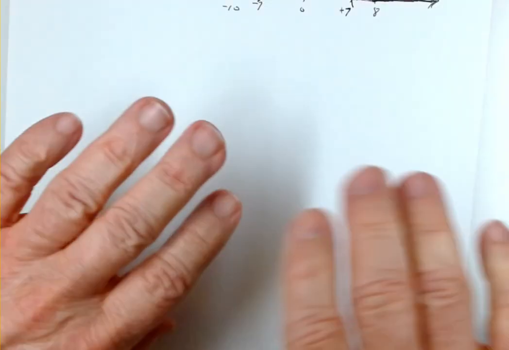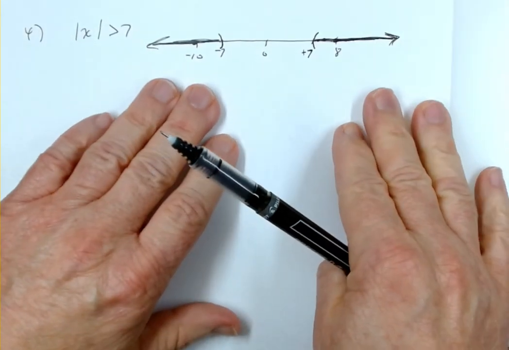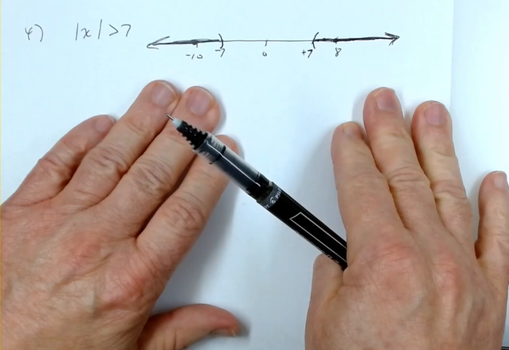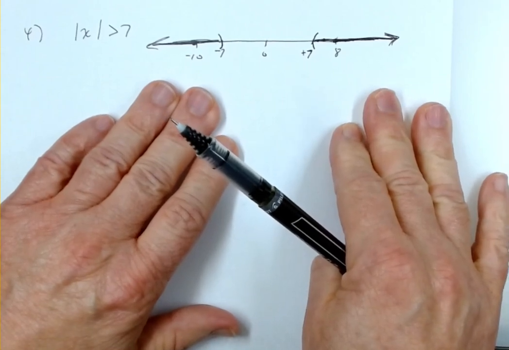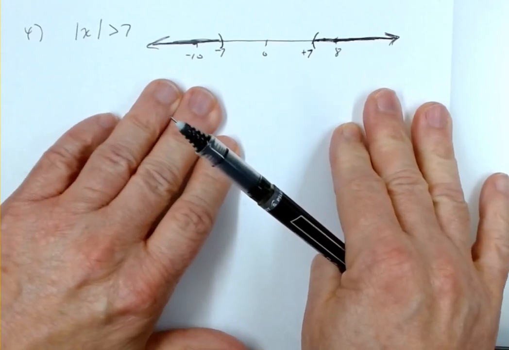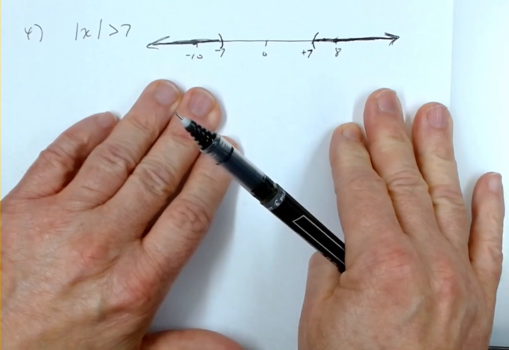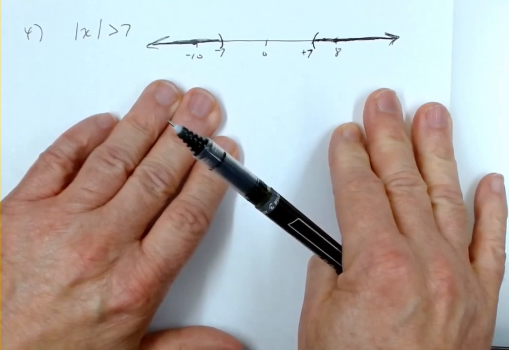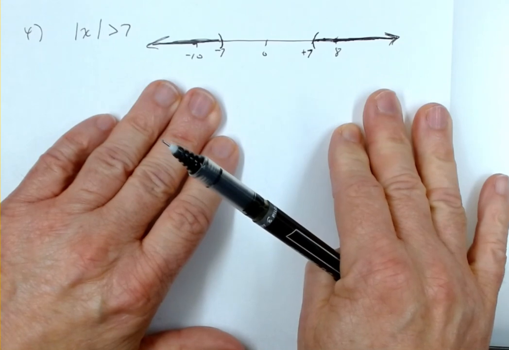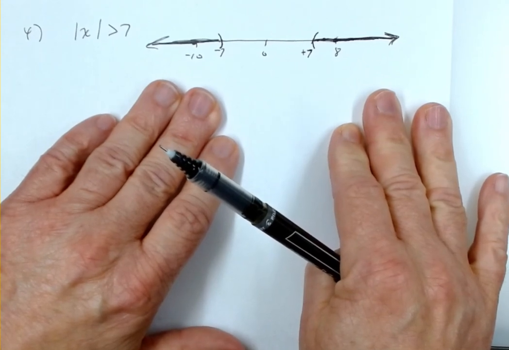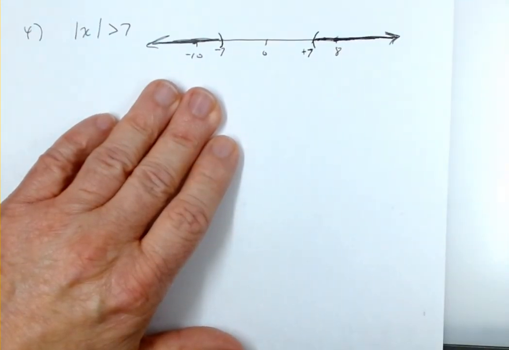So it's kind of like you have two distinct graphs of your solution set. So that's one of the differences between how a less than looks and a greater than. Let me do the inequality first, and then we'll do the interval.